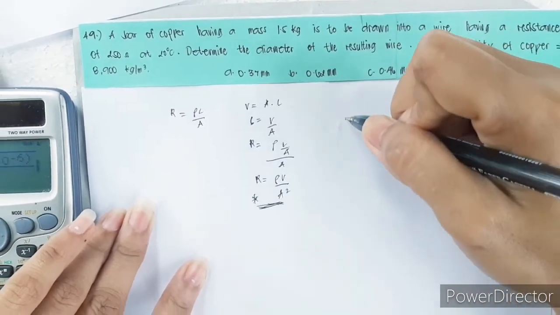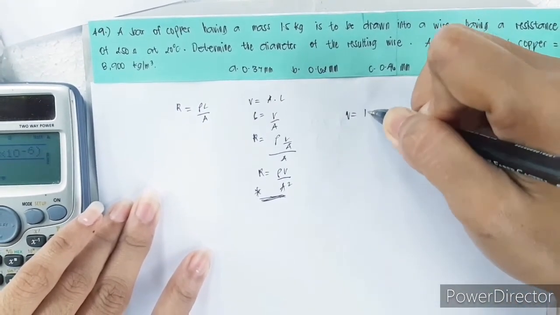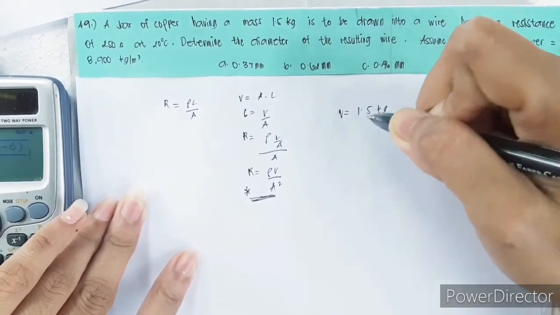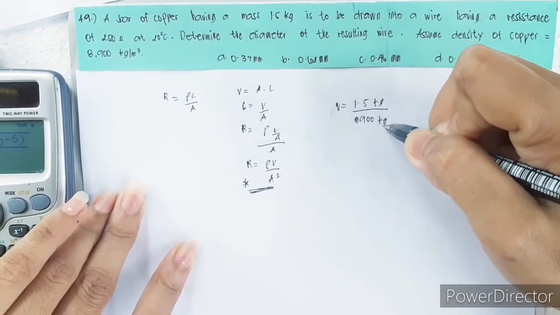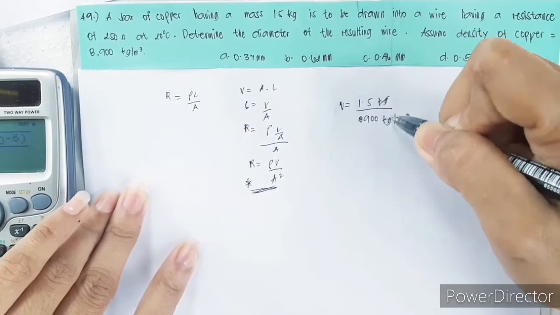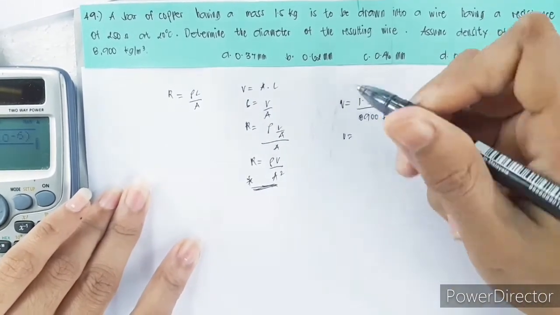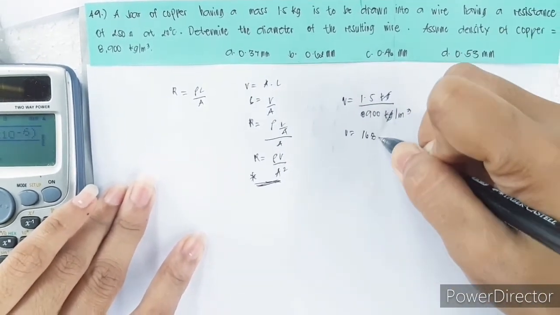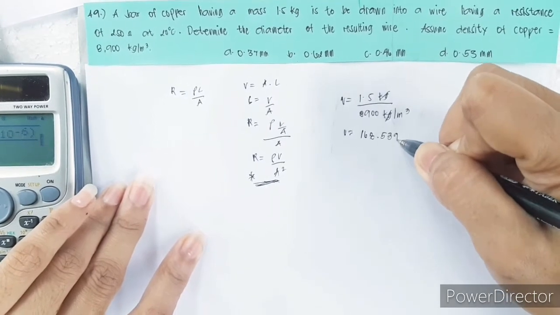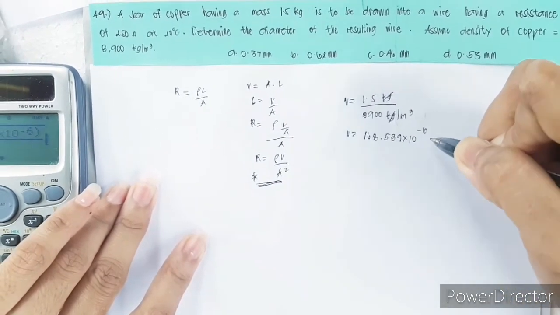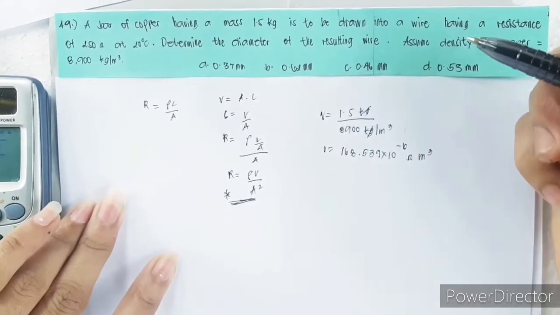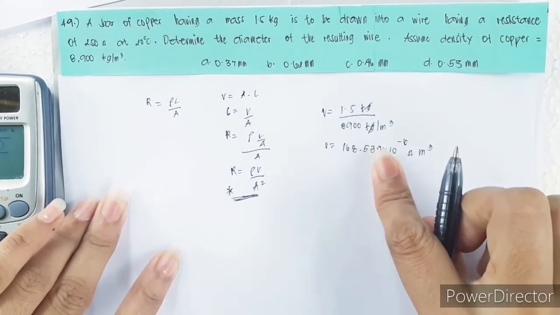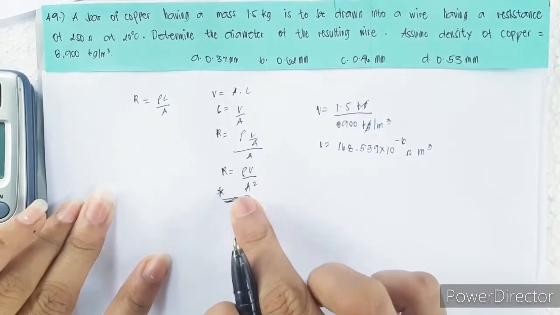So first, let's compute the volume. 1.5 kilogram over 8,900 kilogram per meter cube. So we will get 168.539 times 10 to the power of negative 6 meter cube. And then, let's substitute the value of V to this formula.